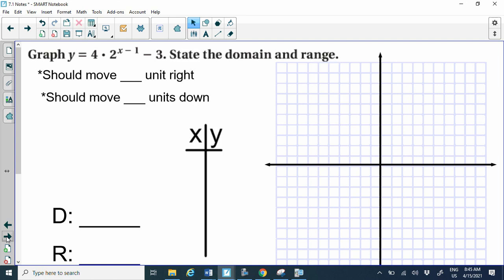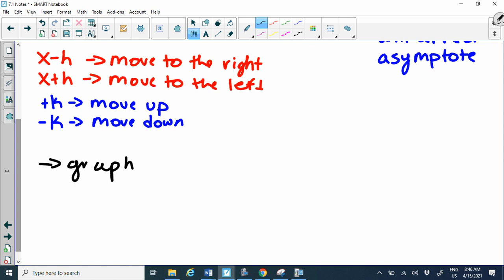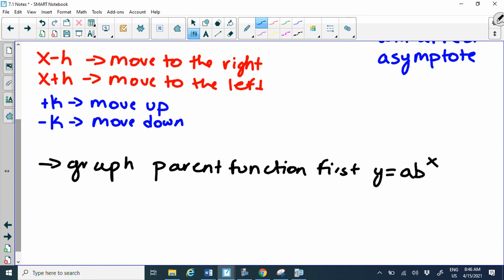So as I said, what we're going to do is graph the parent function. Now the parent function is going to be y equals a times b to the x. So I'm going to go ahead and write that here as well. We're going to graph the parent function first, and that will be y equals a times b to the x.